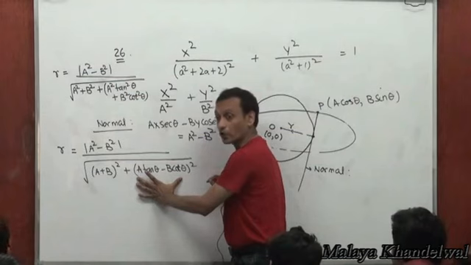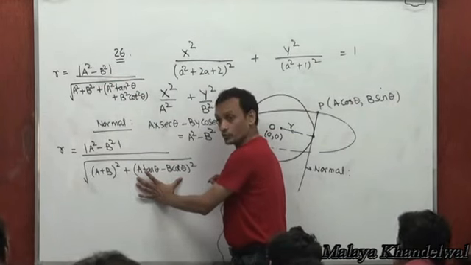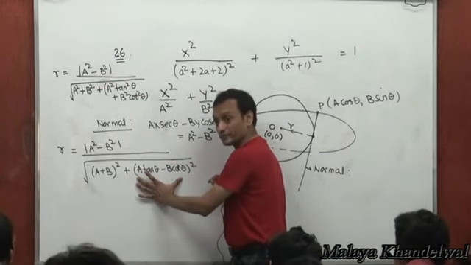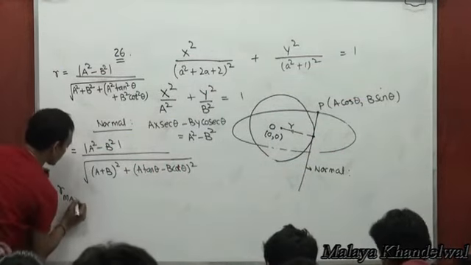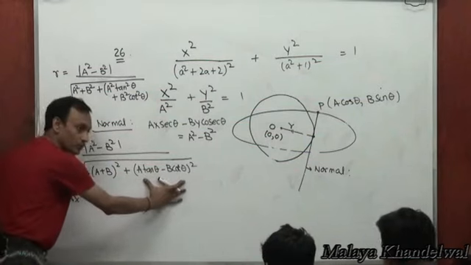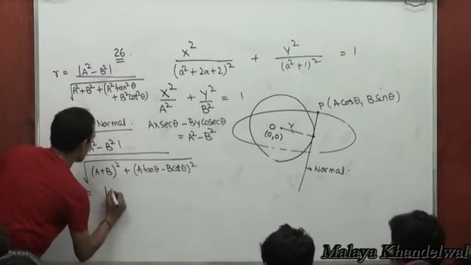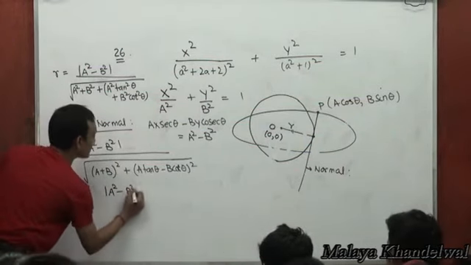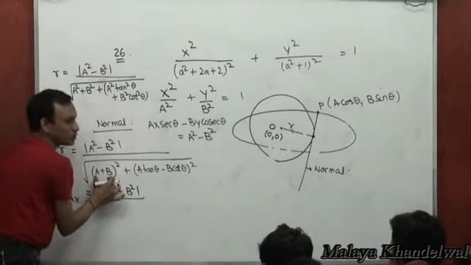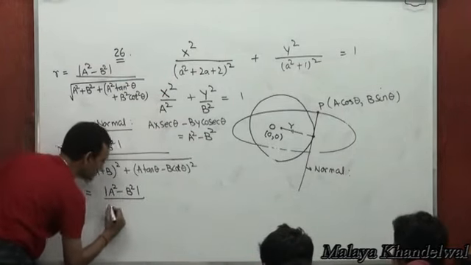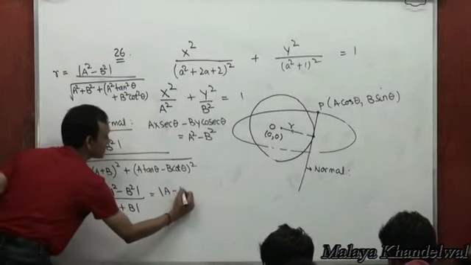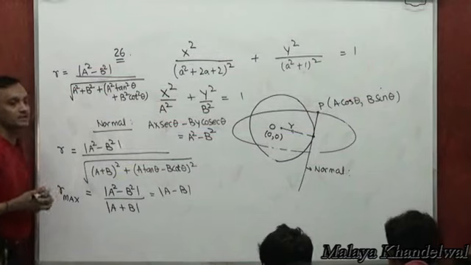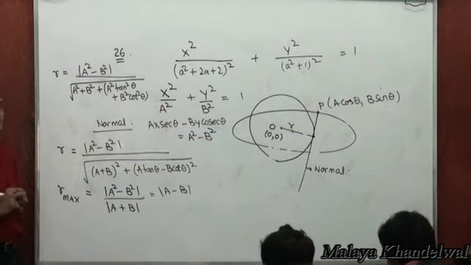So the maximum value of r is when this is 0. Then r becomes mod of a squared minus b squared by root of (a plus b) whole squared, which is mod a plus b. So this becomes mod a minus b. That's r max.